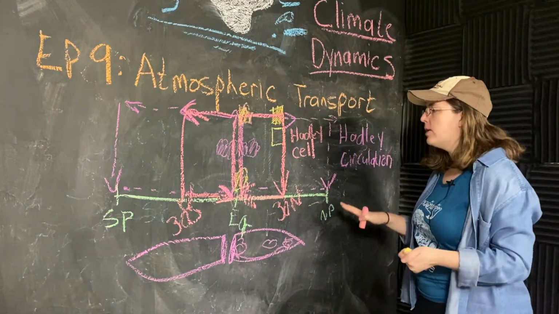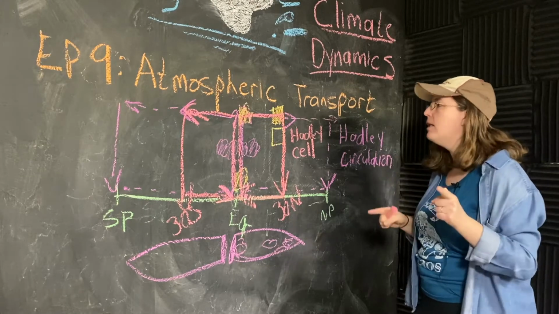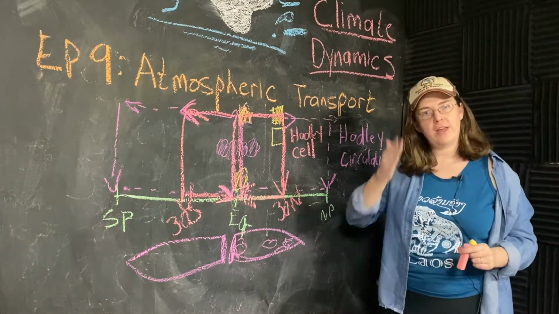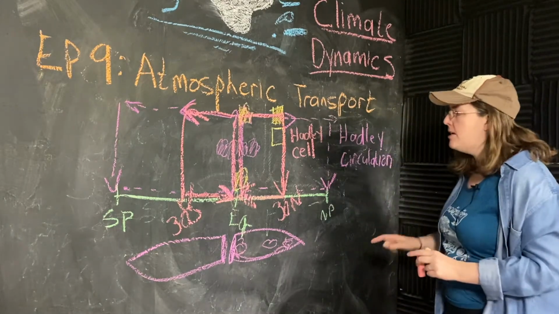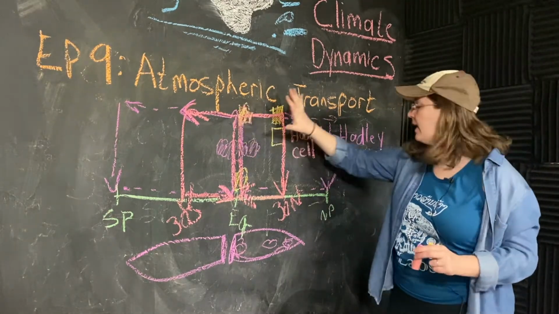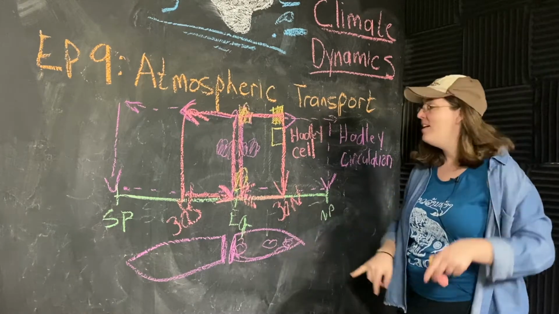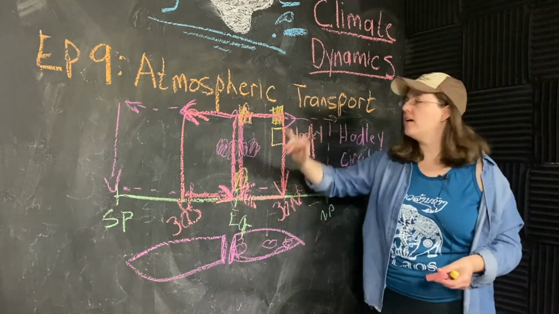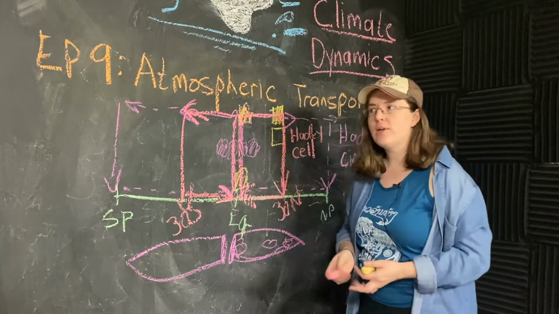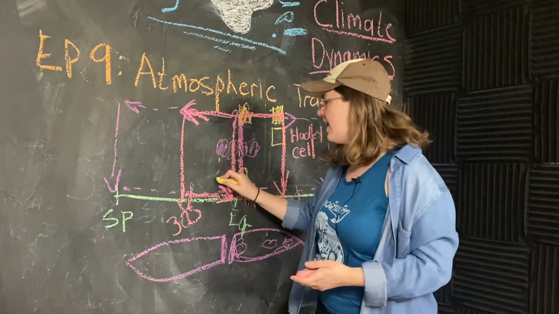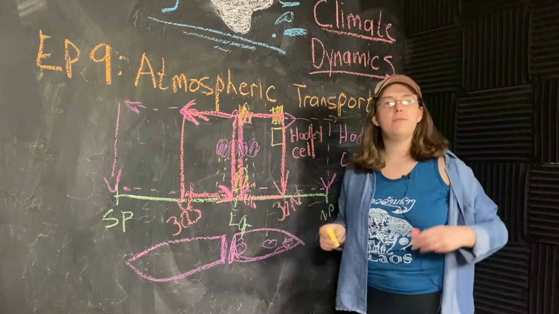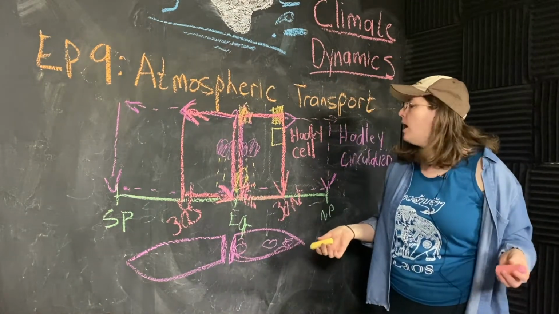But there's one more thing I want to talk about with the Hadley Cell, and that is the general weather that we see at the equator and at about 30 north. We already said that when we have this massive rising air, we tend to get clouds. What do clouds bring us? Clouds give us rain. So near the equator, it's very rainy.